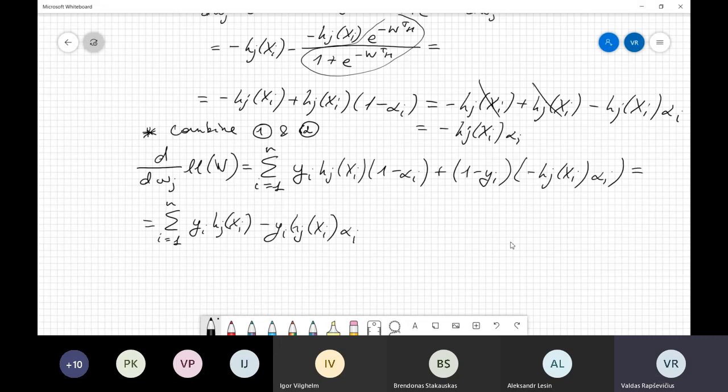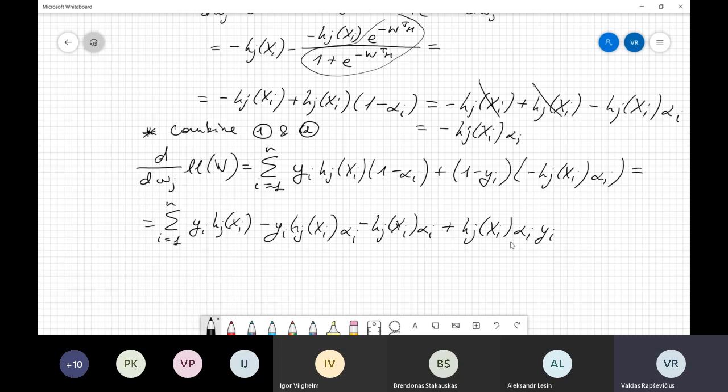I basically divided it out. And now we can multiply these together and spread it out. So 1 becomes minus hj xi alpha i, and this minus minus becomes plus hj xi alpha i yi, right?